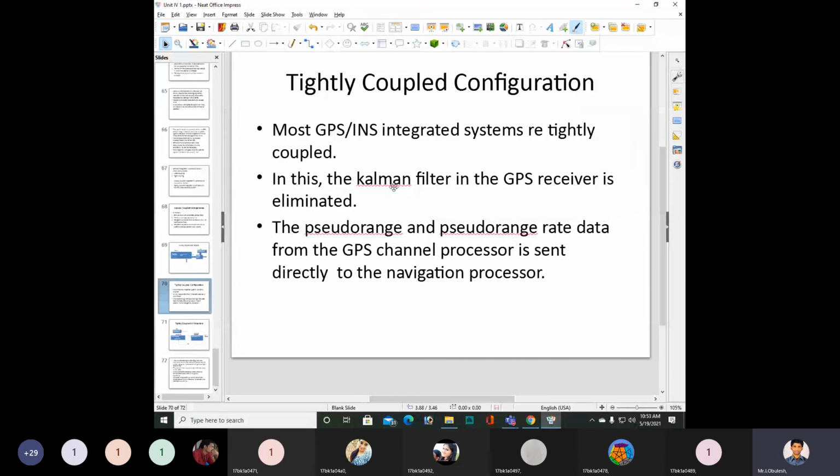Next is the tightly coupled configuration.